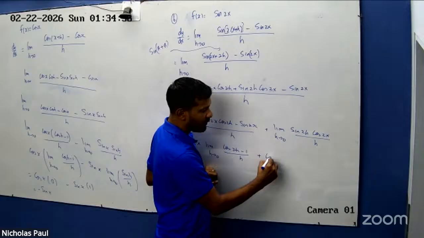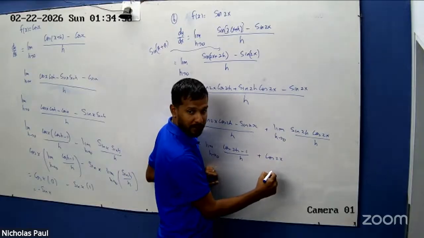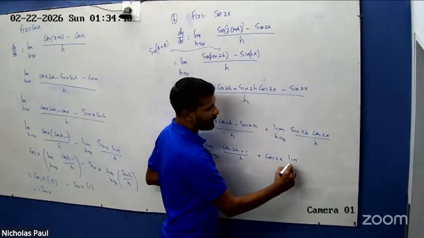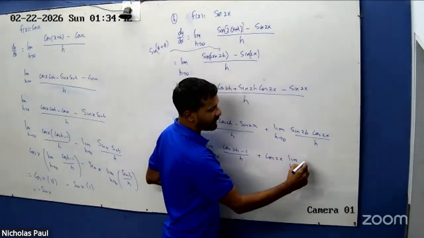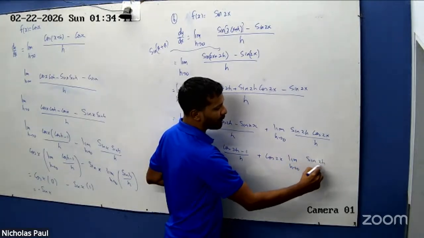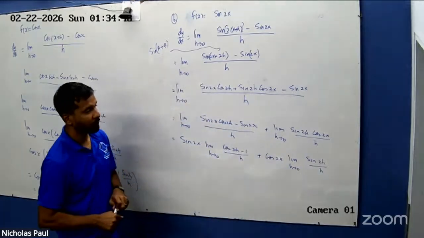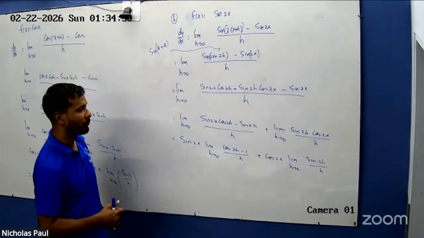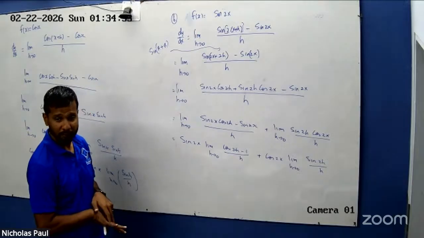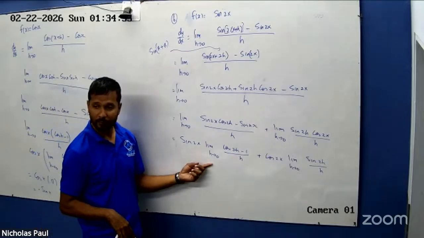Take out the cos 2x, and I'll get the limit as h approaches 0 of sine 2h over h.